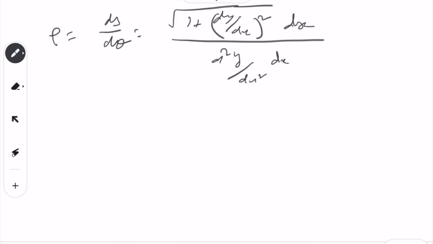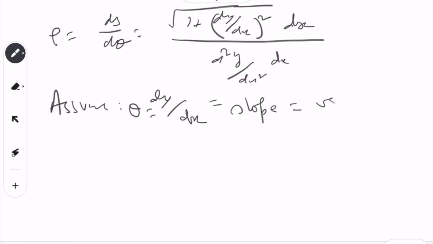Now we assume dy over dx, that is the slope, is very small. If that is the case, then this square term will go.